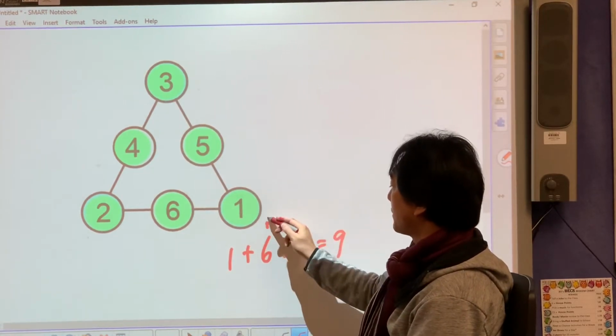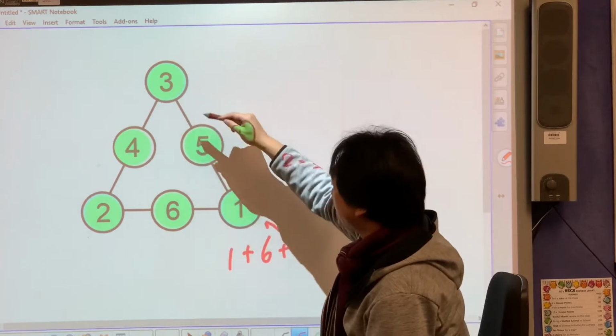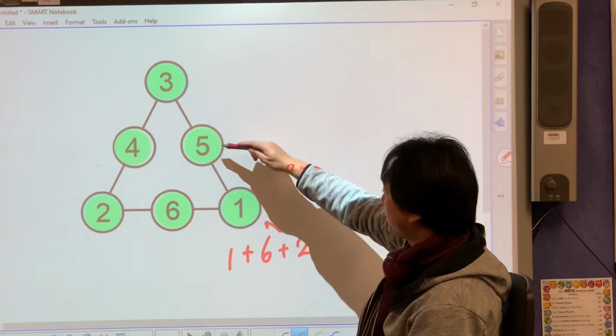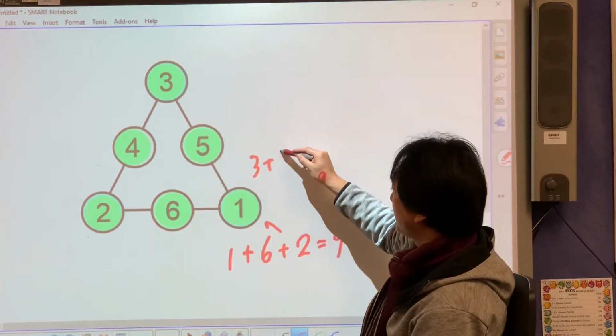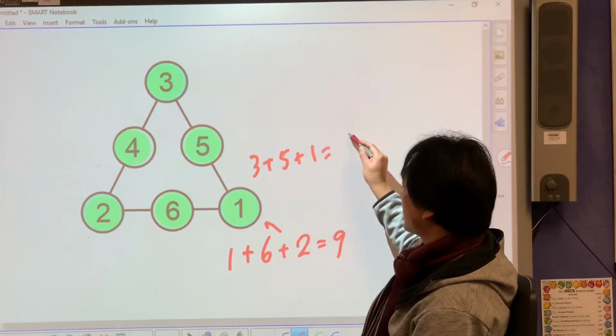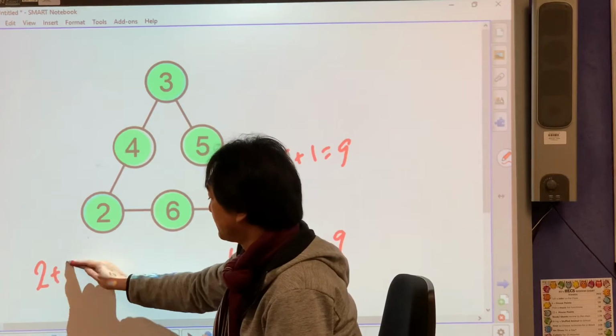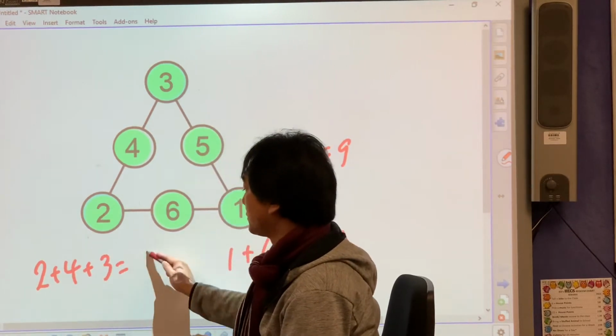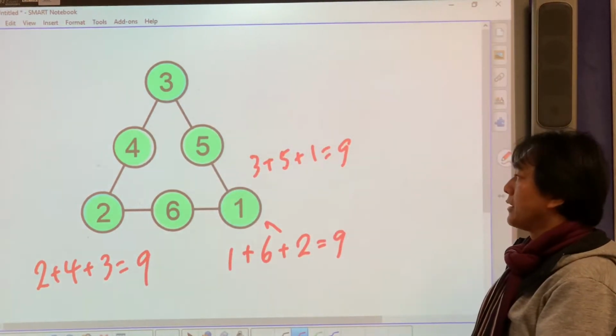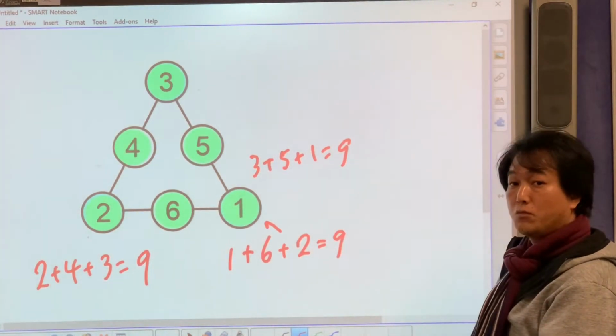That's this line, right? 3 plus 5 plus 1 is also 9. 2 plus 4 plus 3 also is 9. Well, this is one of the solutions.